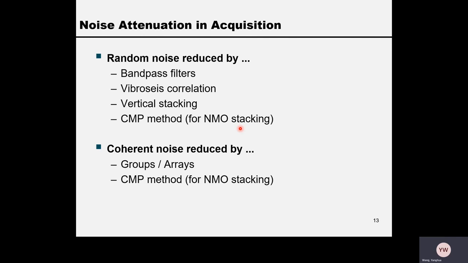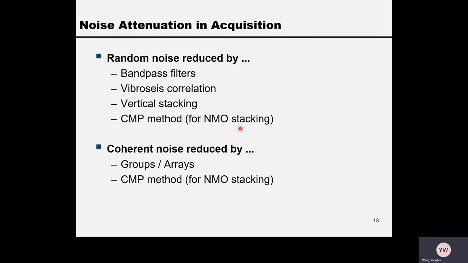For coherent noise, grouping is one of the effective ways in the field to reduce coherent noise. Typically, it can help to suppress the horizontal components, so the ground roll or any other horizontal components, for example, the wave traveling within the water.